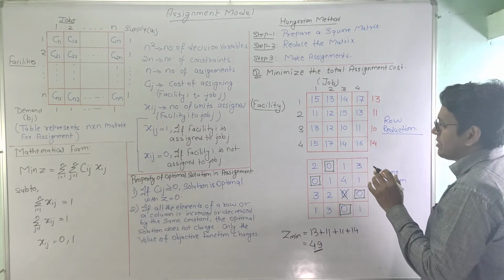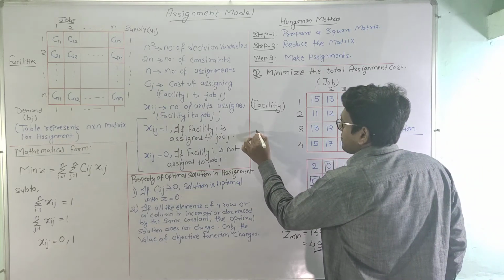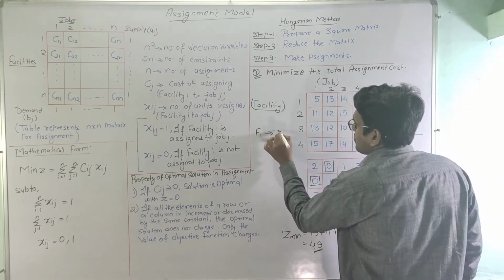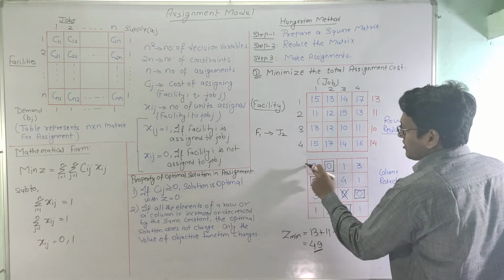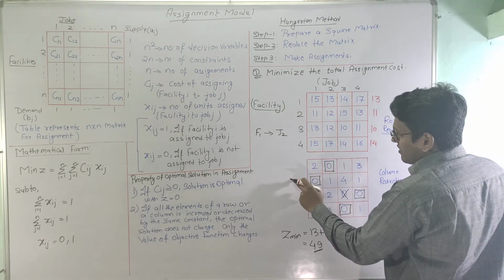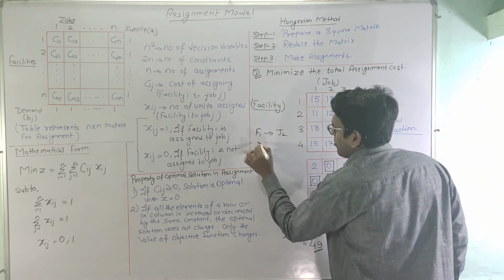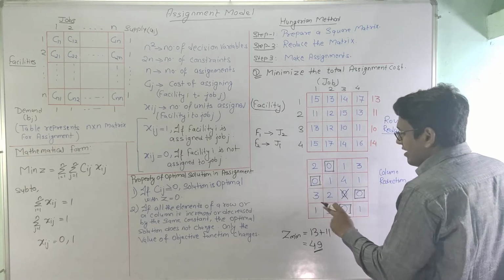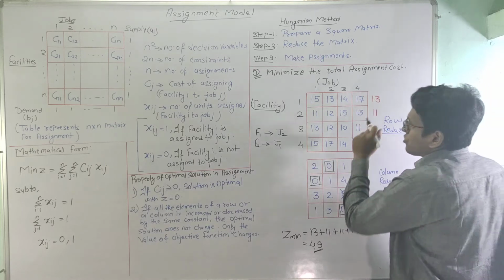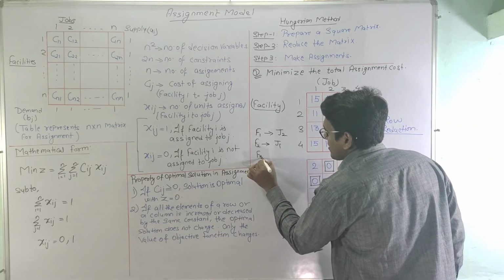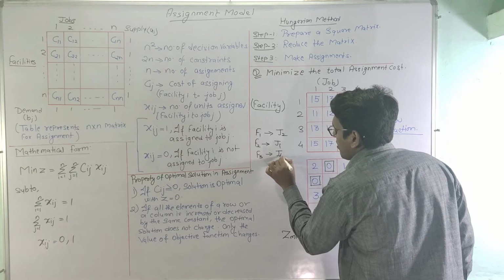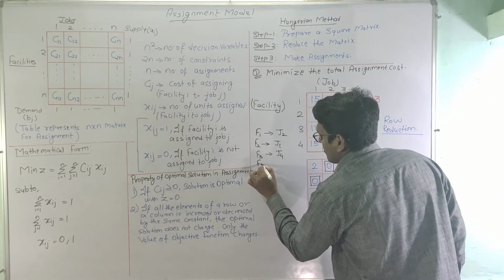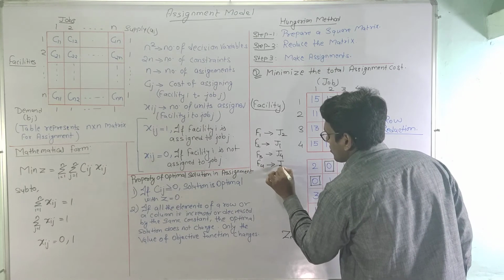And the optimal assignment is: facility 1 has been assigned to job 2, facility 2 has been assigned to job 1, facility 3 has been assigned to job 4, and facility 4 has been assigned to job 3.